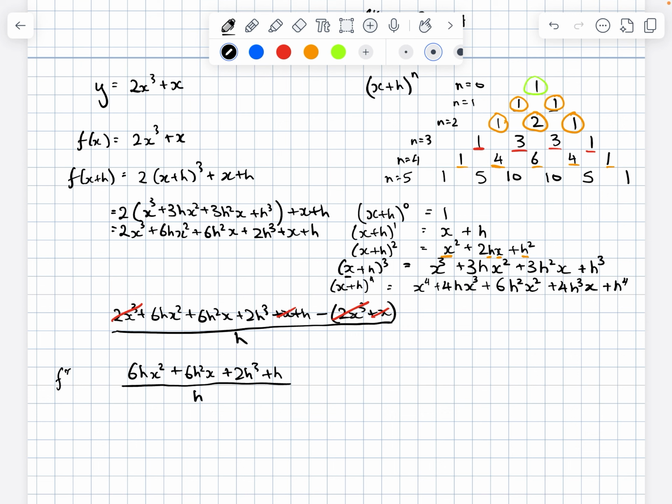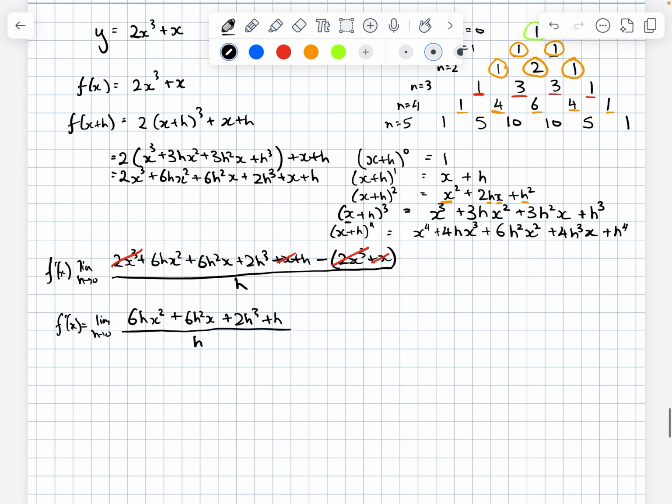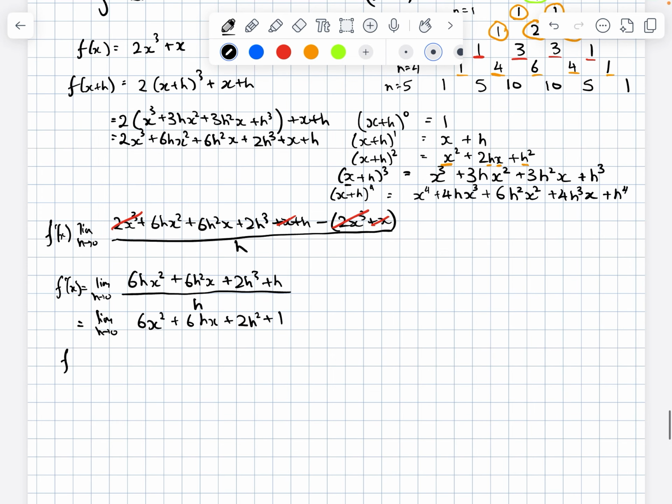So f dash x equals limit as h approaches 0. Now we can divide by the h's. We still haven't applied the limit, so that still needs to be there. We get 6x squared plus 6hx plus 2h squared plus 1. Now I'm going to apply the limit by making h 0, and I get 6x squared plus 1.